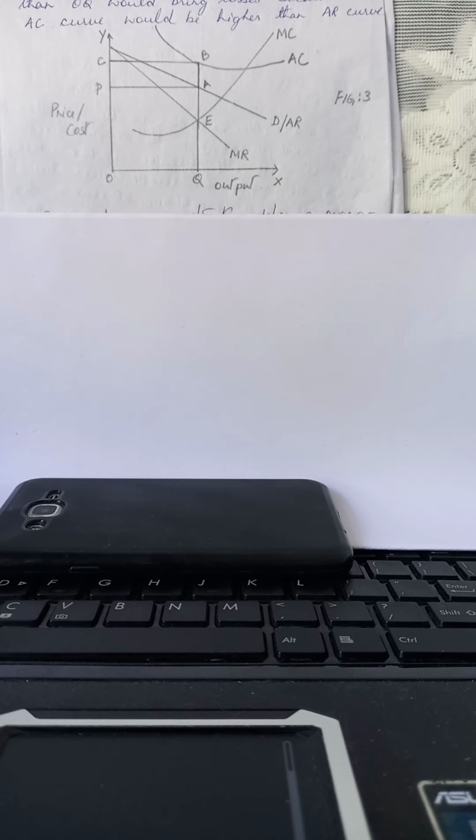After fulfilling those important conditions, looking at the first diagram, under the first situation the monopolist is enjoying supernormal profit. Under the second situation, relating to the second diagram, this monopolist is enjoying normal profits. Whereas relating to this third diagram, this monopolist is incurring a loss.